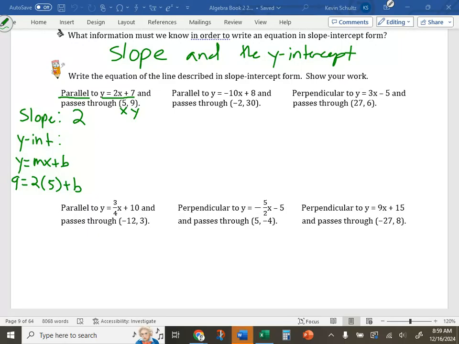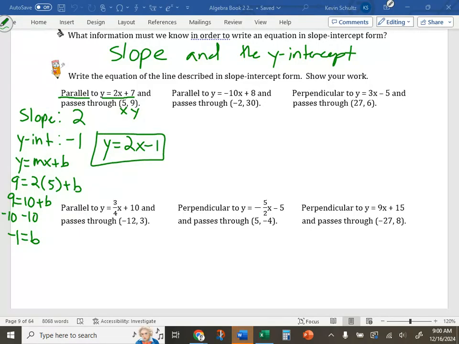So 9 equals 10 plus b. Subtract 10 from both sides, to get b by itself, and negative 1 equals b. So, our line has a slope of 2, a y-intercept of negative 1, y equals 2x minus 1, final answer.